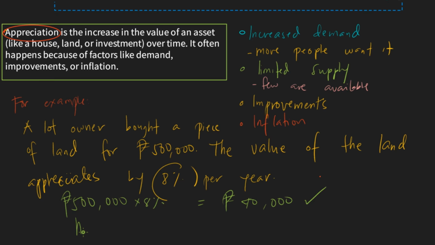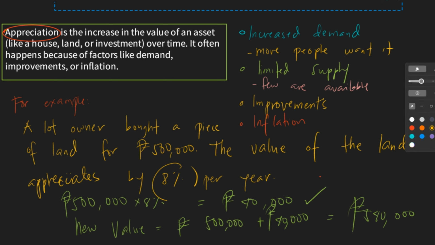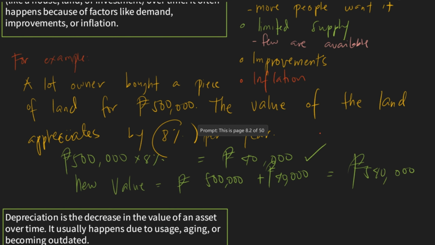So the new value of your land after a year will be 540,000. That's how appreciation works. Your key point here is the word increase.